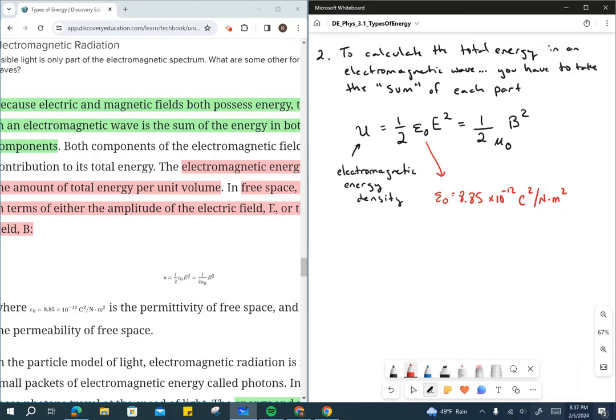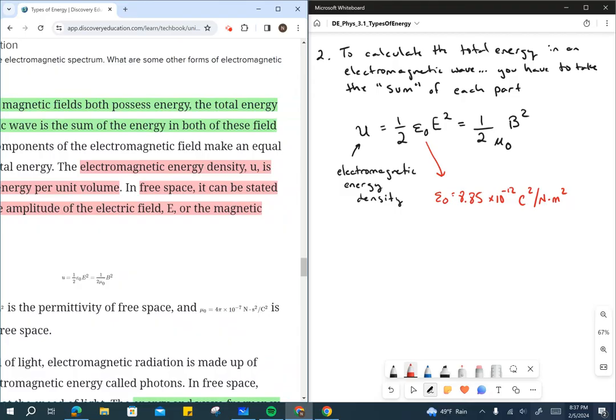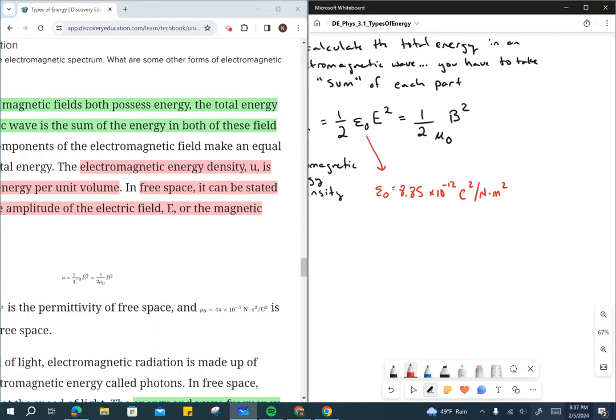You're going to get some new words here: permittivity and permeability of free space. They also define for you what that mu 0 is.